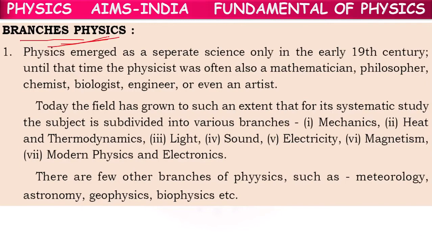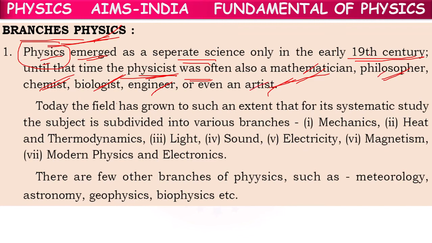Now, branches of physics. Physics emerged as a separate science only in the 19th century. Until the 19th century, the physicist was often also a mathematician, a philosopher, a chemist, a biologist, an engineer, an artist. Along with physics, he might have a grip on many other subjects.